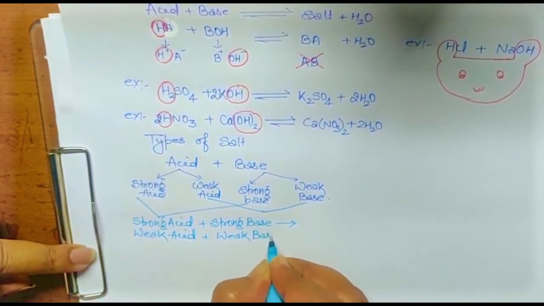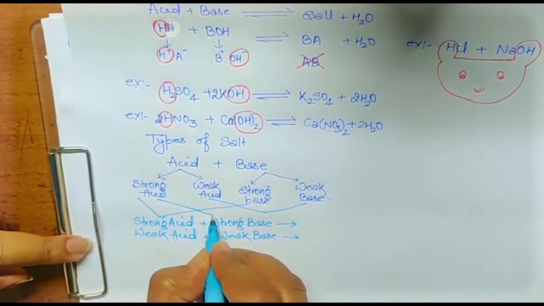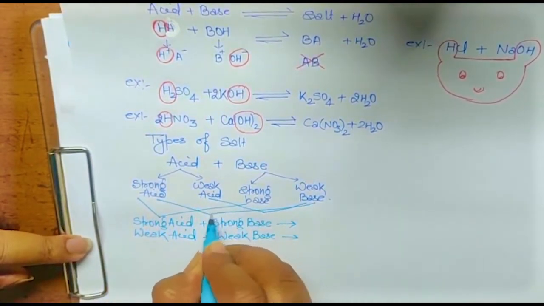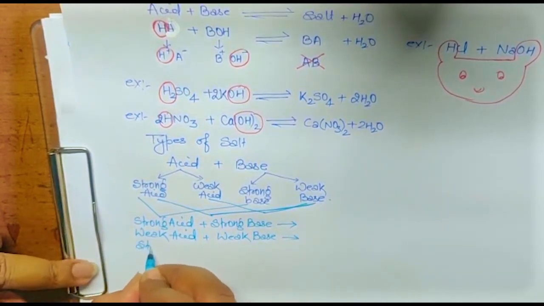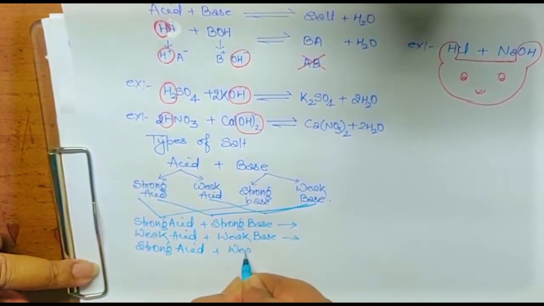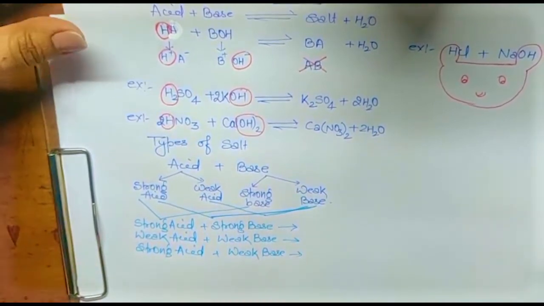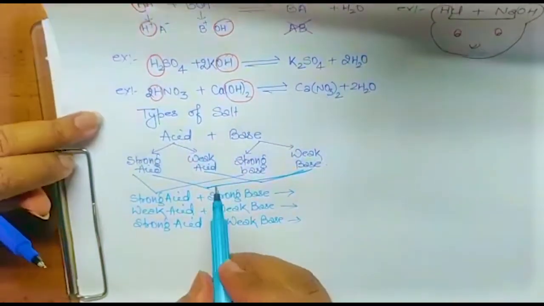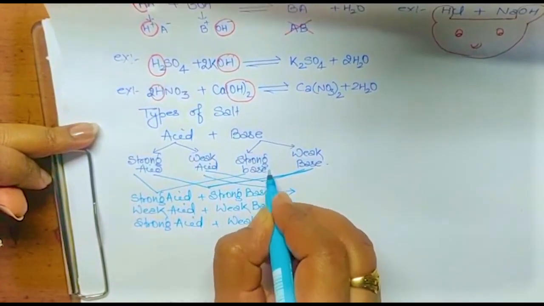Clear? Now what is third? Strong acid and weak base. Can it be? Yes. So let me write strong acid and weak base. What next? Yes, tell me fast. Very good. I can hear you. This is weak acid and strong base, isn't it?